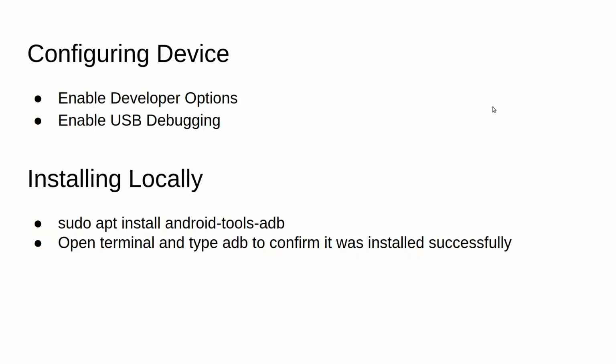Now that it is enabled on your device, the next step is to install the ADB tool locally on your development machine. You want to use this command to install Android Tools ADB.